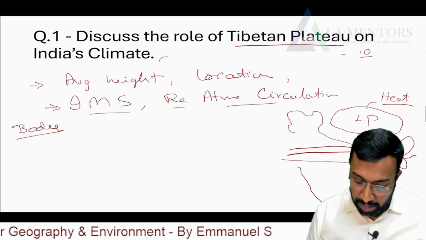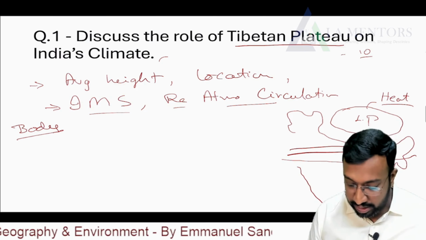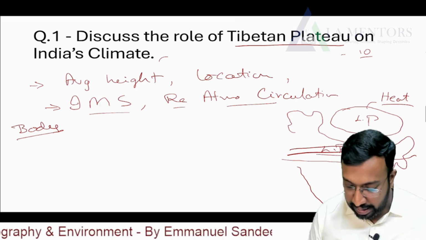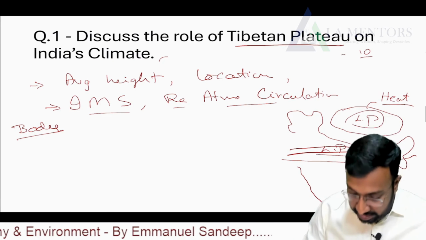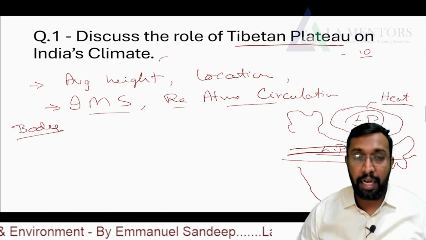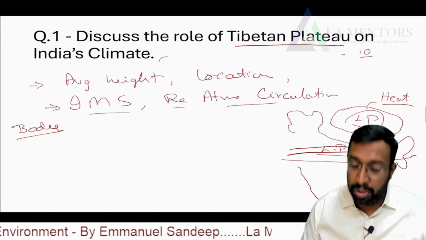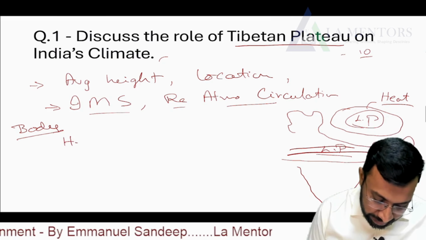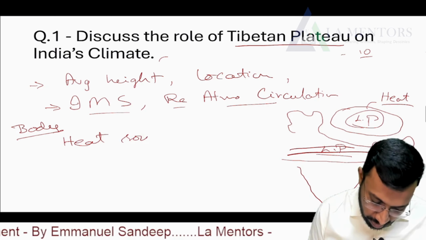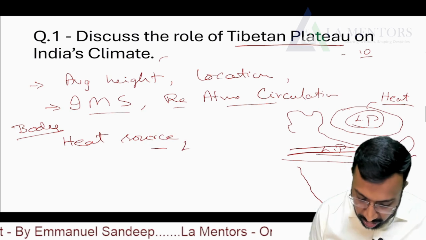So apart from this low pressure belt which is present, the presence of low pressure across your Tibetan plateau is strengthening this low pressure belt, so as to bring a good amount of monsoonal winds into India. So now you can just say that this is a heat source where there is prevalence of low pressure.